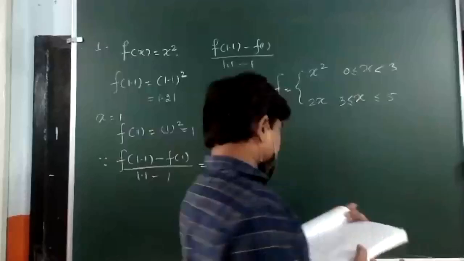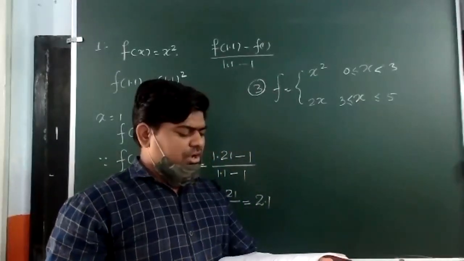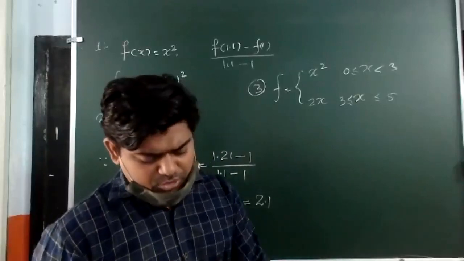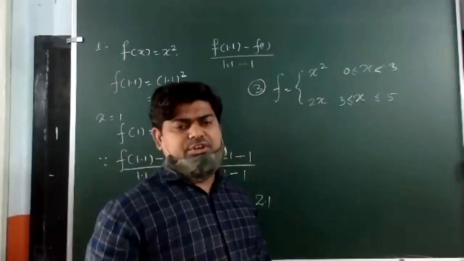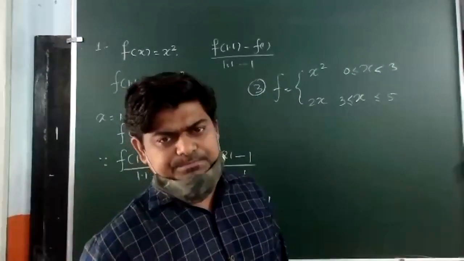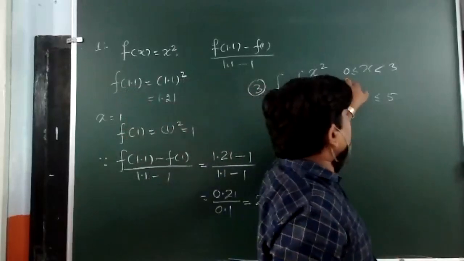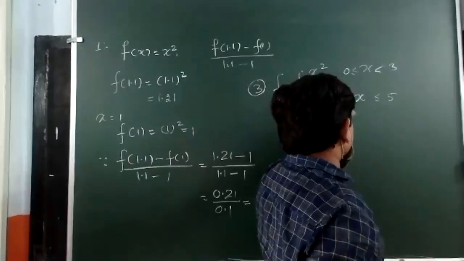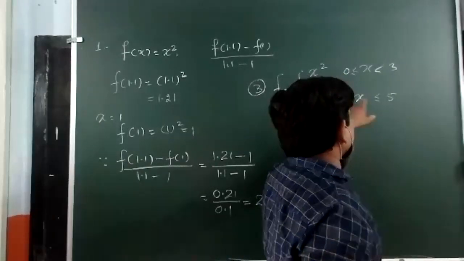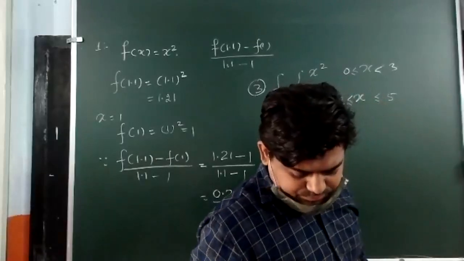The question is whether the given relation is a function or not. About x, it's not written whether it's a real number or a natural number, so any number can be taken. If x is greater than or equal to 0 and less than 3, we follow the first definition. When x is greater than or equal to 3 and less than or equal to 5, we follow the next definition.